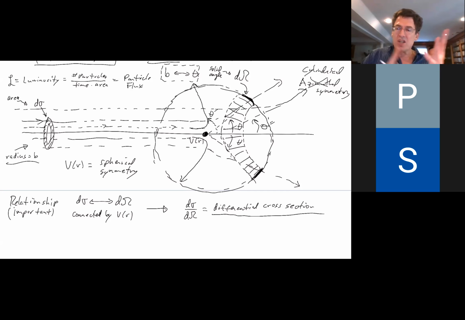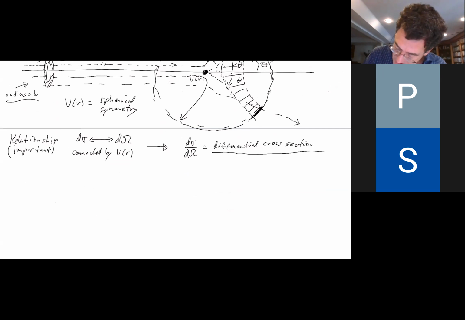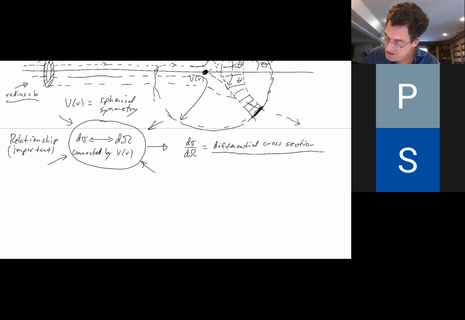So I just want you to understand there's this very intimate connection between the area and the angle. And the angle gives me that solid angle. And so I just want you to get some sense that there's a very profound connection between this d sigma and the d omega, and that leads to this ratio, the differential cross section.